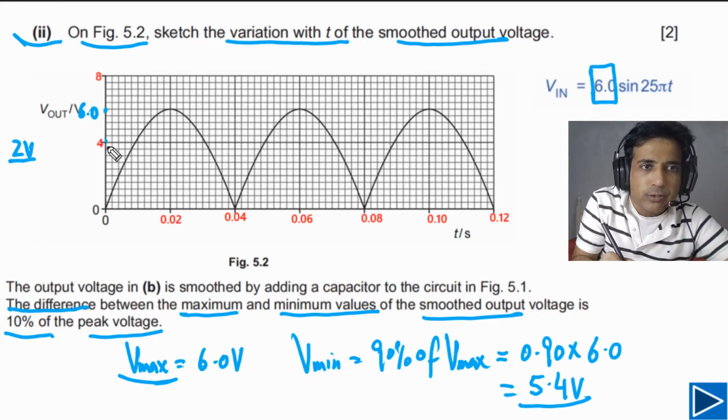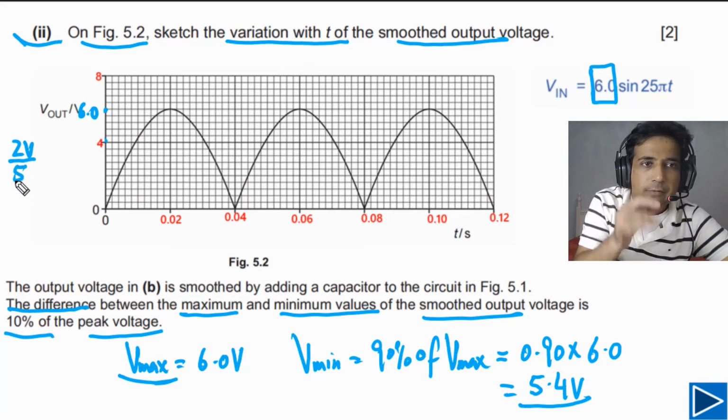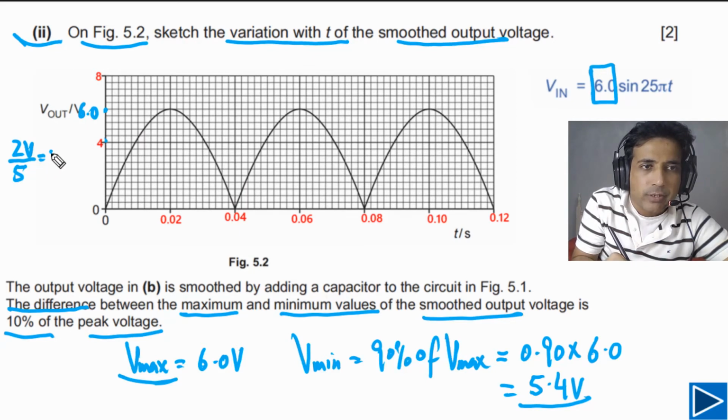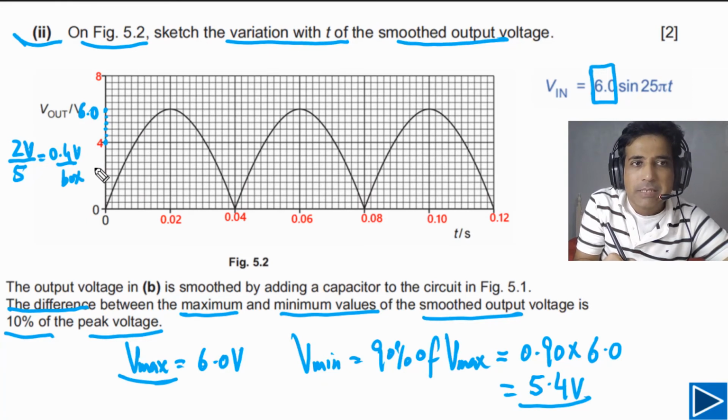And 2 volts is divided into 5 parts, so we divide this by 5 boxes. In this case, we will get 0.4 volts per small box. So this is 4, here we will have 4.4, 4.8, here 5.2, and here 5.6. So the 5.4 is between 5.6 and 5.2.